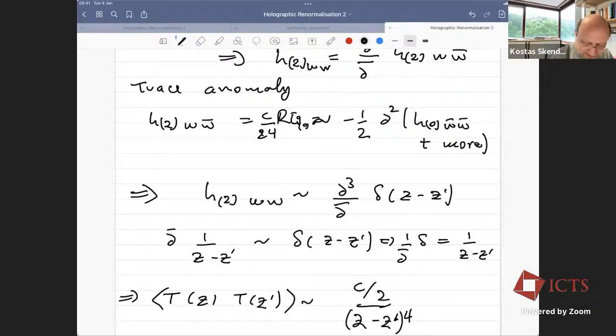And if you keep all the constants, then again, you recover what you expect. So that's how you get a 2-point function out of this.